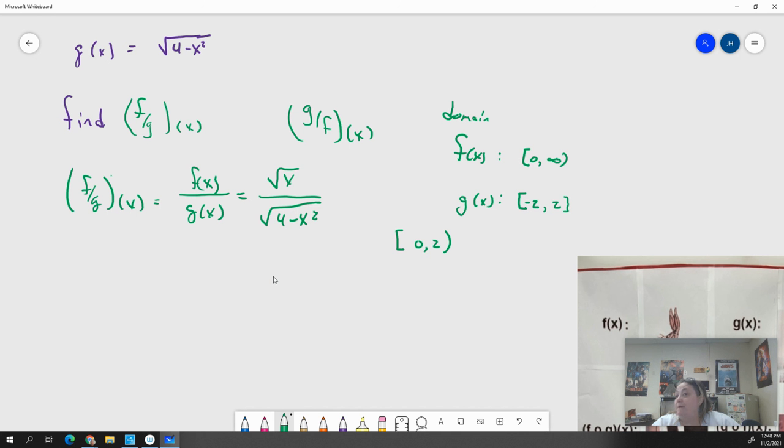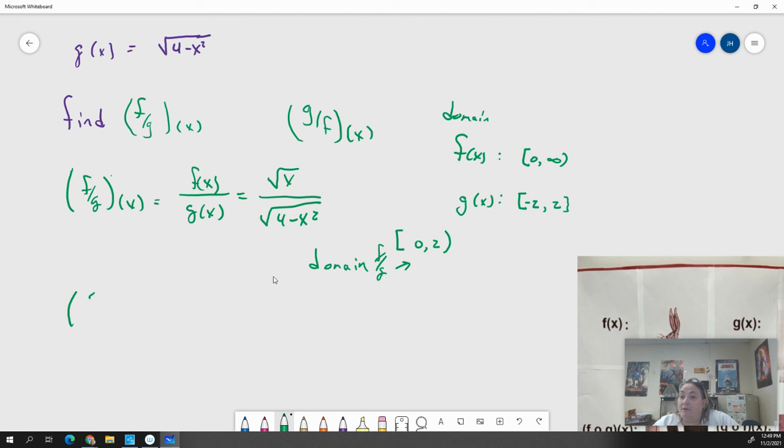If I put 2 in here, I get 4 minus 2 squared, which is 4 minus 4, which is 0, and it can't be 0. So it can go up to 2, but not include it. I am not going to pay a lot of attention to the domains. I just want you to understand that it can't be everything. So the domain of f over g is that one.